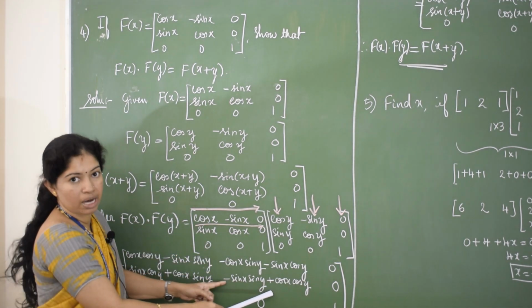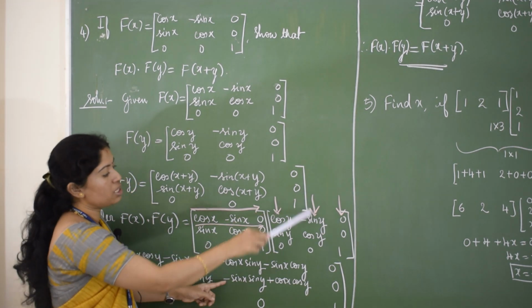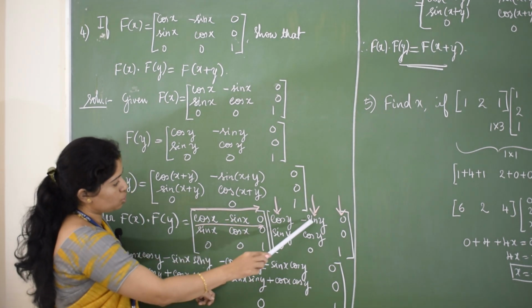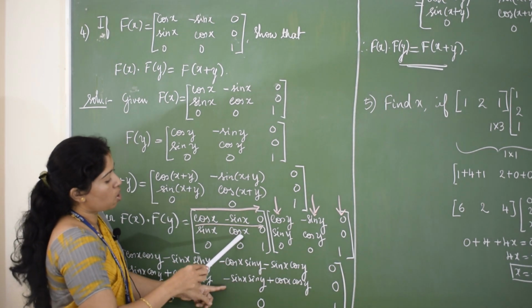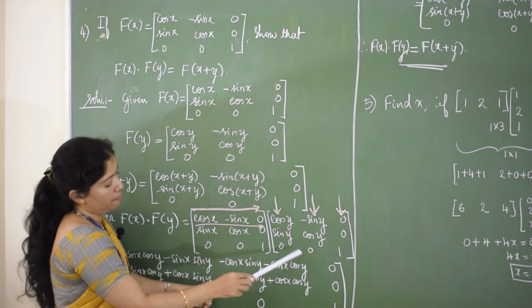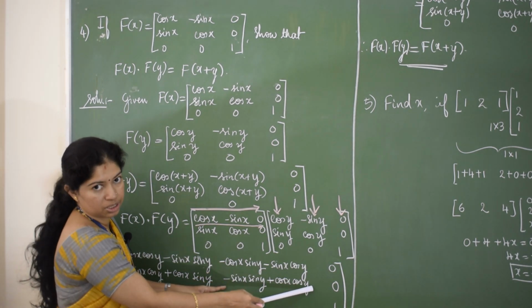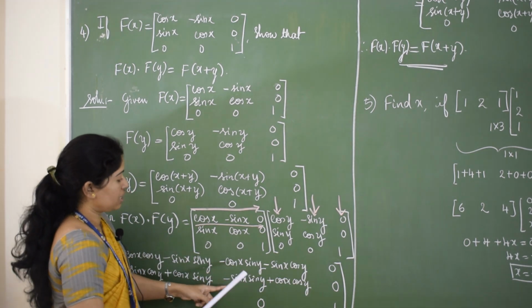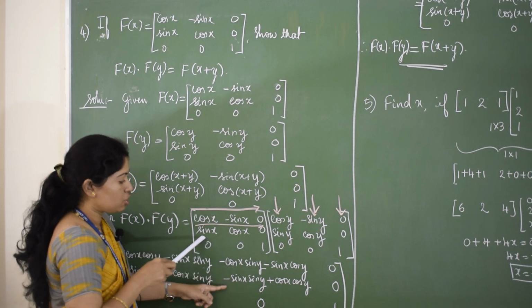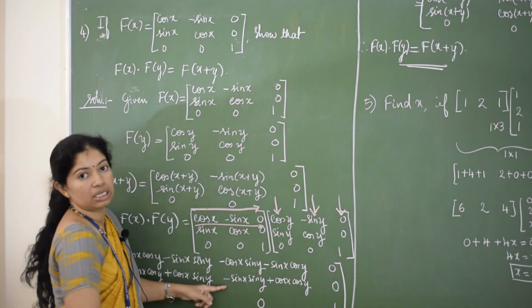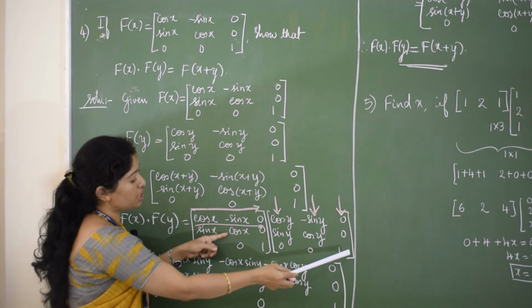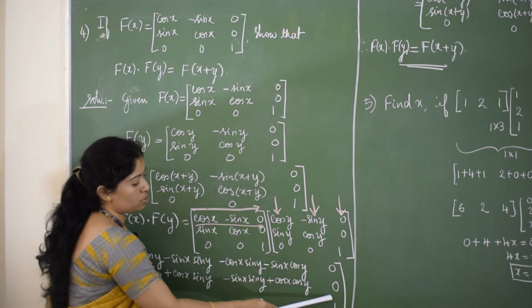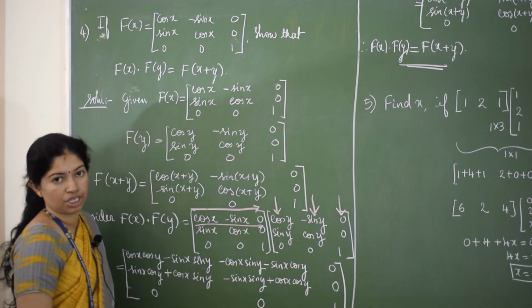Now coming to this one, multiply the second row with the second column. So sin x into minus sin y, that is minus sin x sin y, plus cos x into cos y, plus 0 into 0 is 0, which I have not written. Next, take the second row and multiply with the third column. Sin x into 0 is 0, plus cos x into 0 is 0, plus 0 into 1 is 0. So when you add all those zeros, you are going to get 0 only.